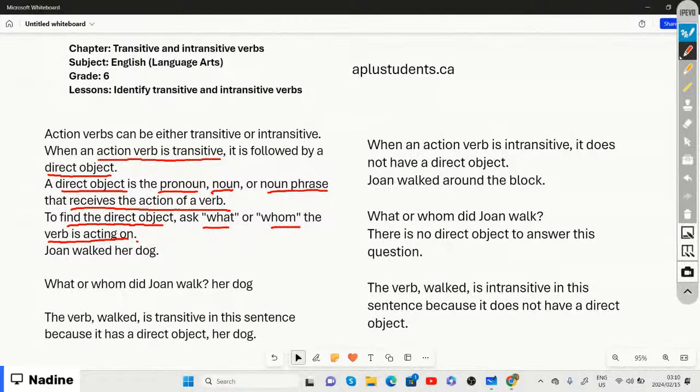So for example, Joan walked her dog. Now we need to ask ourselves, what or whom is this verb acting on? What or whom is Joan walking? Which means that it is her dog.